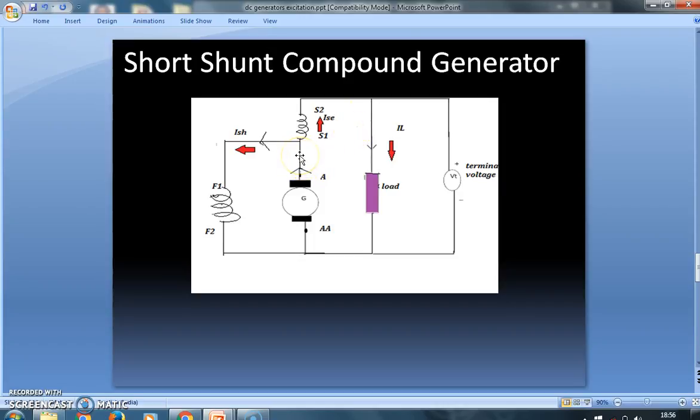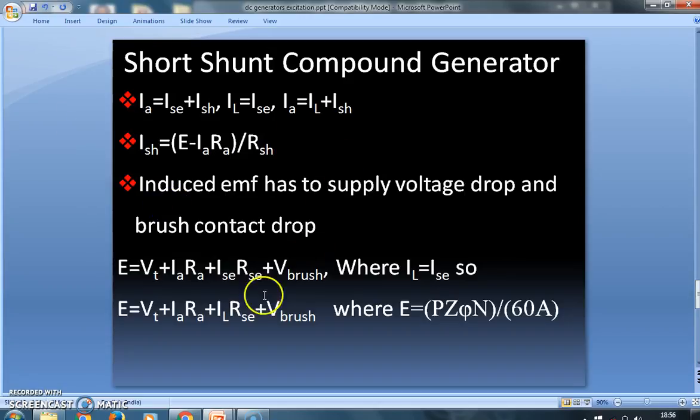Therefore, the armature current IA is equal to ISC plus ISH, where ISC is the same current flowing through the load, so ISC is equal to IL. The induced EMF in the circuit is equal to VT, the terminal voltage, plus IaRa, the drop in the armature, plus ISC RSC, the drop in the series field winding, plus the brush contact drop V brush.